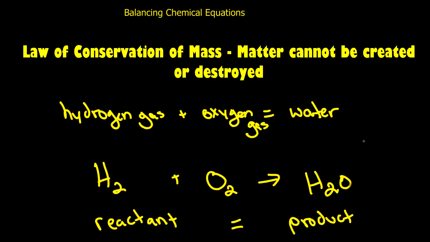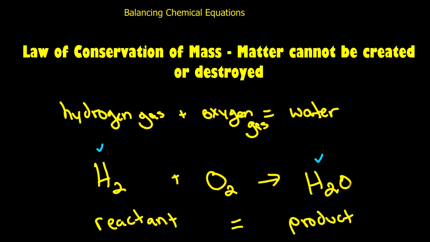So what we got to do is add coefficients. A coefficient is a large number we stick in front of these compound species, and it's going to multiply everything beside it until you get to one of the signs, either a plus sign or an arrow sign. So let's look at this one. I got two hydrogens and two hydrogens. So that's fine. My hydrogen is good.